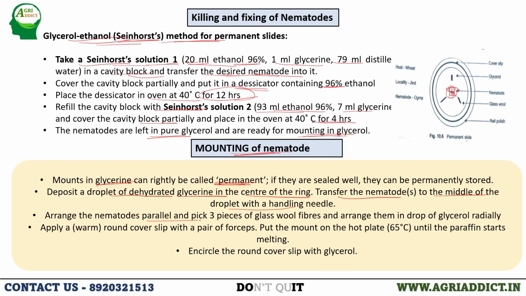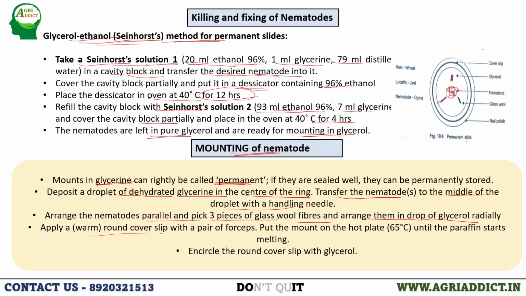Arrange the nematodes parallelly, and pick 3 pieces of glass wool fibers and arrange them radially in a drop of glycerol. You can see in the figure the glass wool fibers placed radially by adding a drop of glycerol over them.